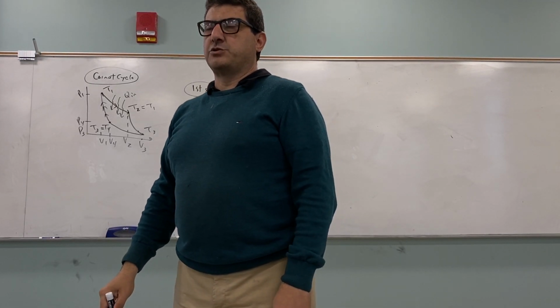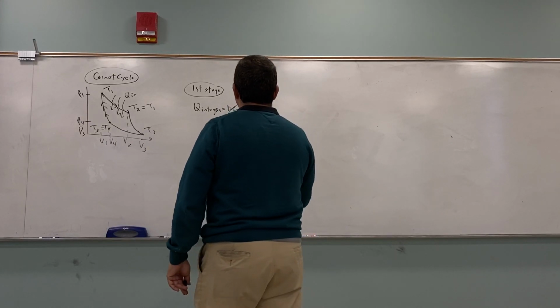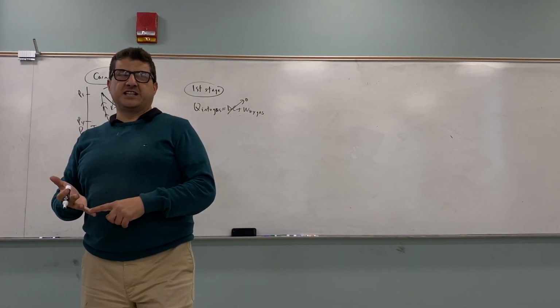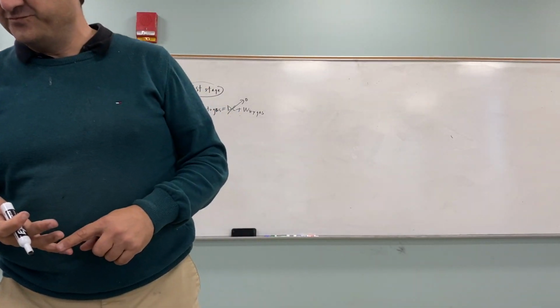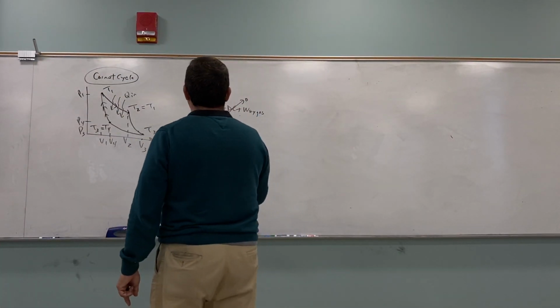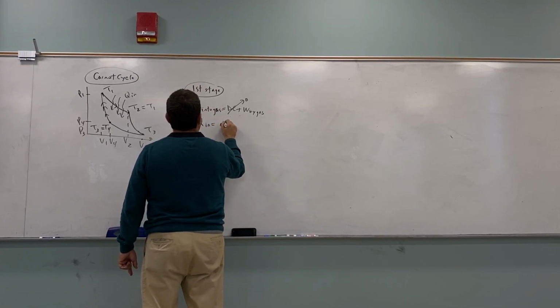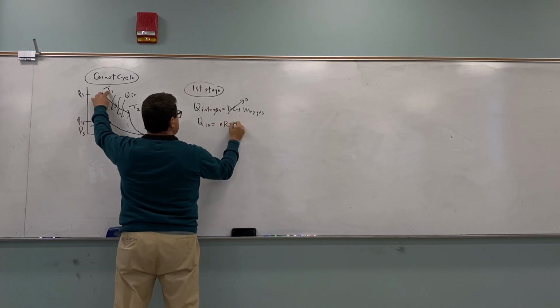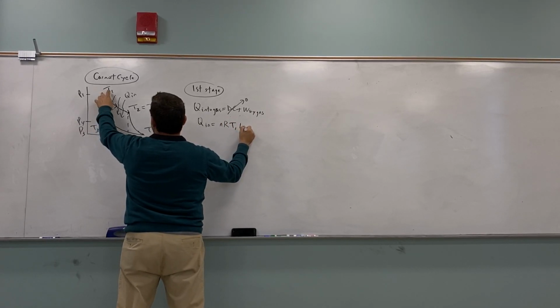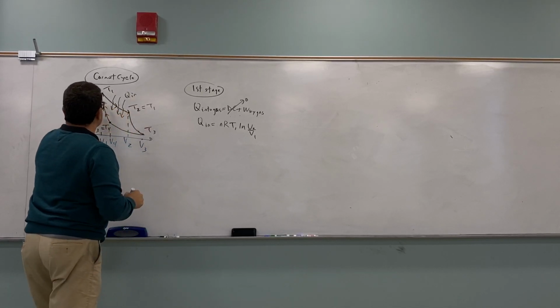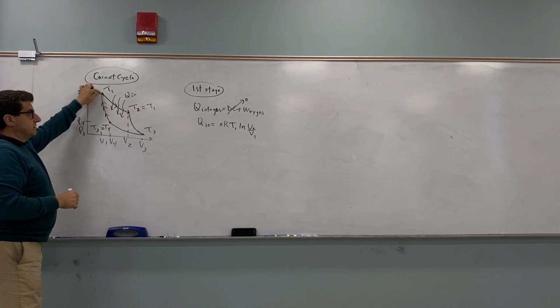And the work done by a gas in isothermal was nRT ln of V2 over V1. So then Q in is going to be nR T1 ln of V2 over V1. That's going to be the heat in.